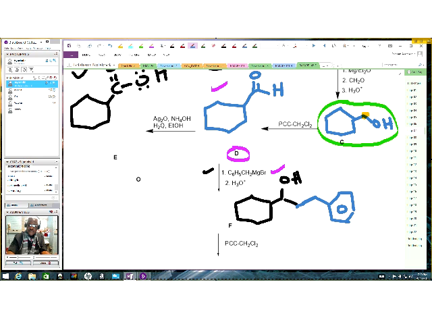Don't forget that in this particular reagent, this C5H5 is your benzene ring, and that is what I have right here. And of course, this CH2 right here, and that is that right here.